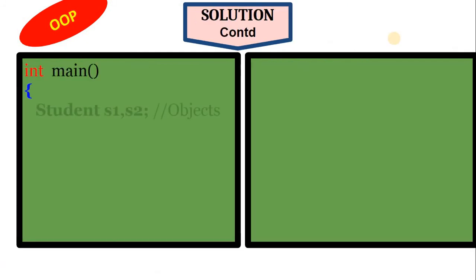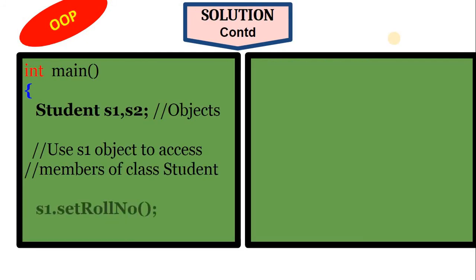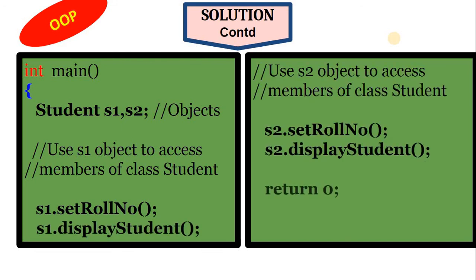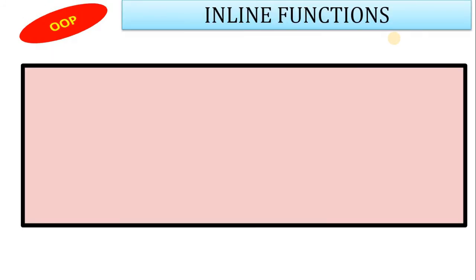Now calling is the same as s1 dot set roll number, s1 dot display student, and s2 dot set roll number, s2 dot display student. So here at the place of s2 dot display student, the function code gets replaced and the control doesn't transfer to the display student address. So this is the solution and advantage of inline function.